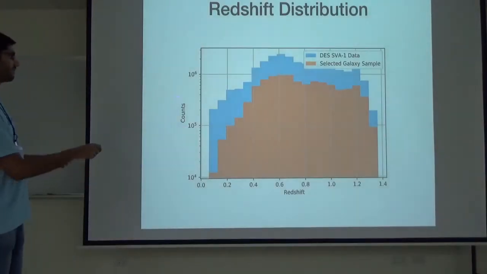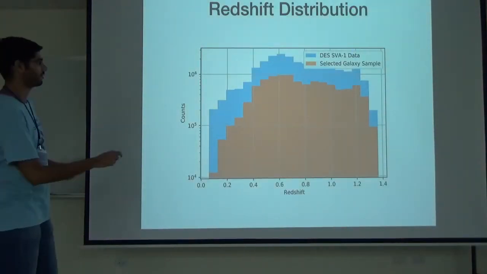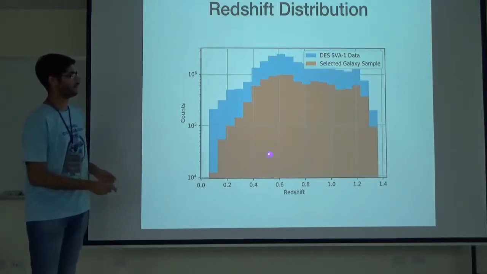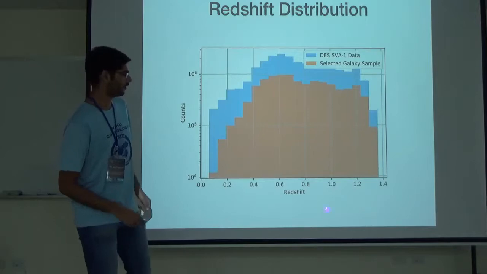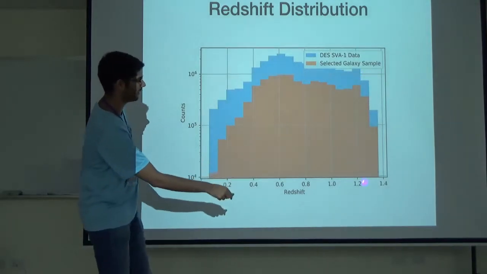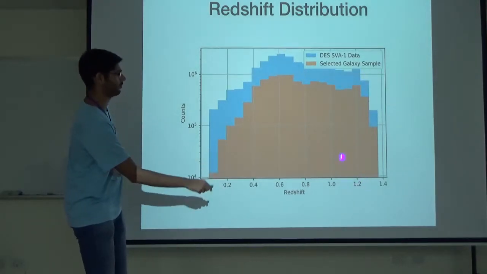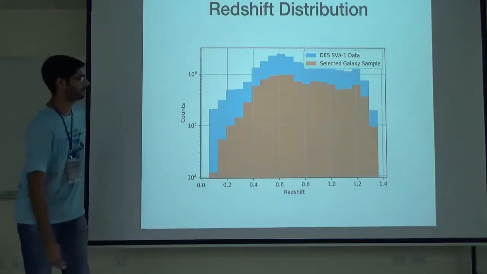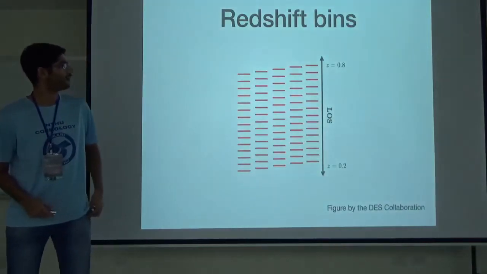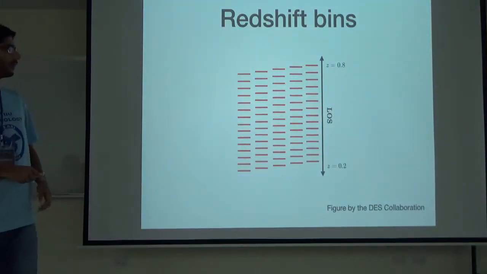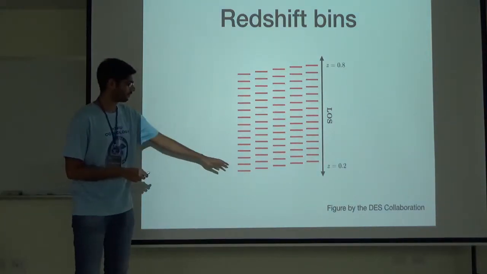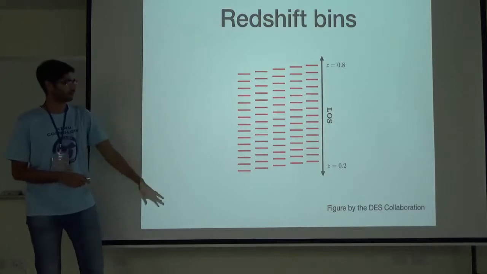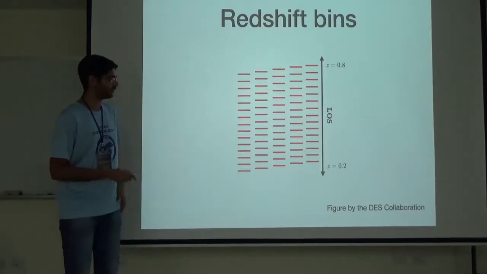So this is the redshift distribution. The whole sample is in blue, while we select only galaxies, which is in orange. As you can see, it is limited to somewhere close to 1.2. After that, it falls quite fast. So we are using photometric redshifts, and we bin our data into redshift bins.